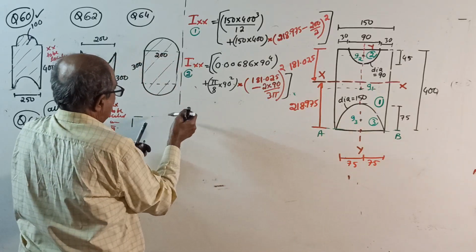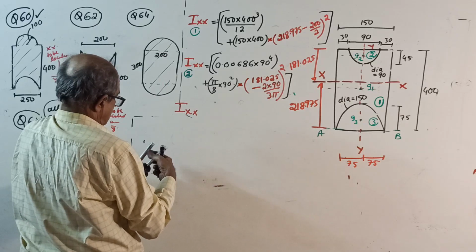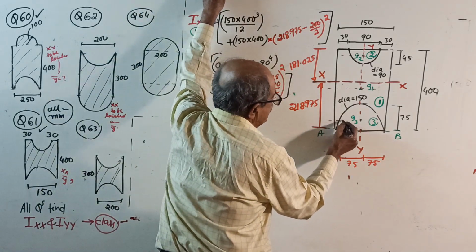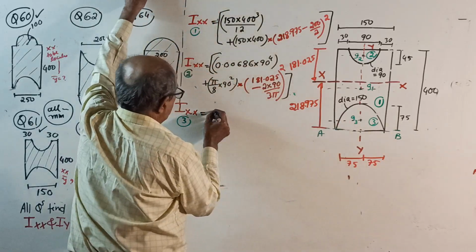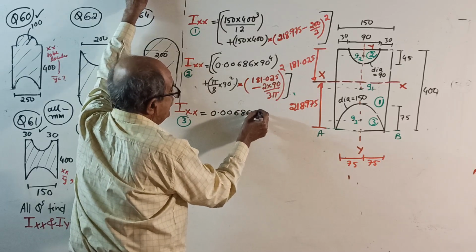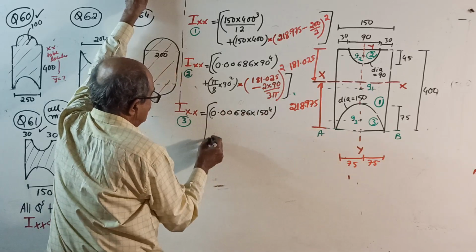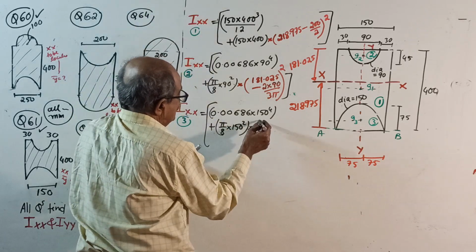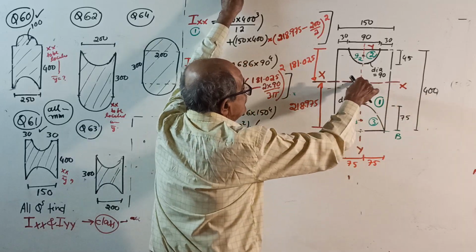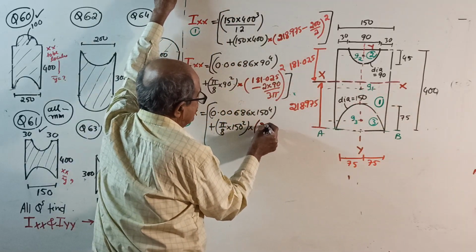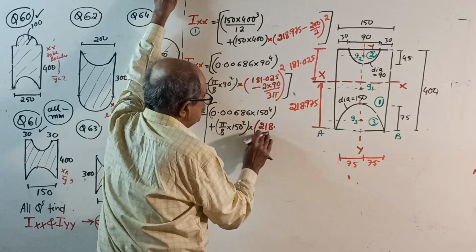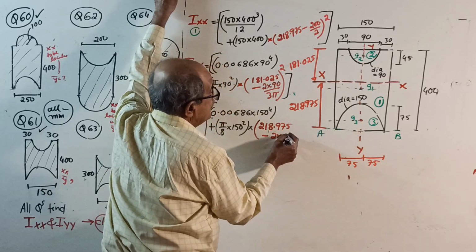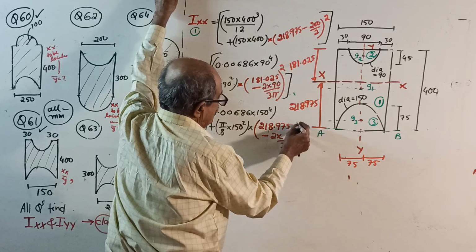Then calculate I about xx for 3. It's I about its own centroidal axis: 0.00686 into diameter power 4, 150 power 4, that is Ig, plus area, pi by 8 of 150 square is the area, into the distance from centroid G3 to xx squared, which is 218 minus 2 into diameter, 150, divided by 3 pi, whole square.